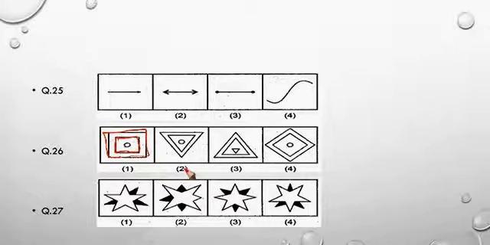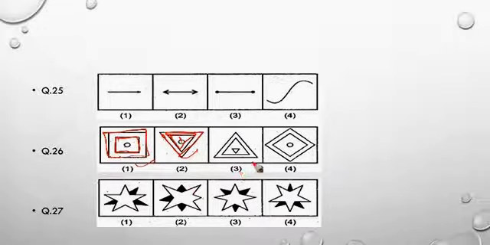Similarly, when you go to option 2, in the outermost border there is one triangle, and a similar triangle inside that, and at the center there is a circle. So the first two figures are similar.